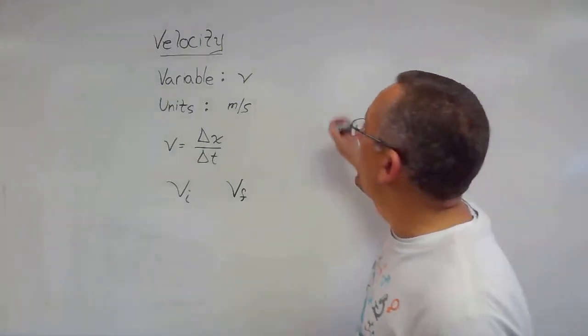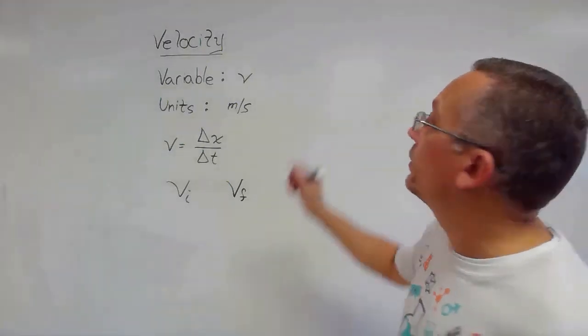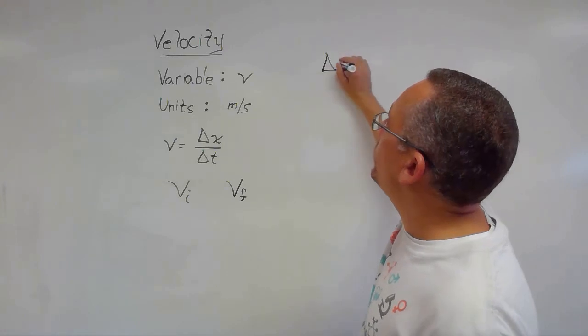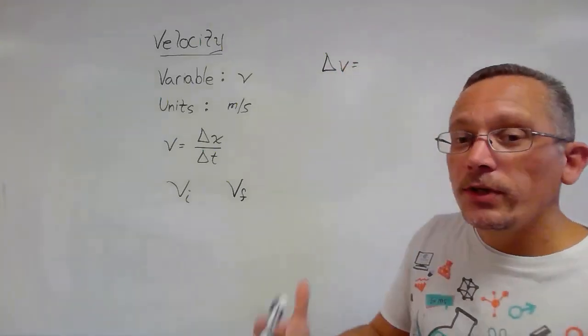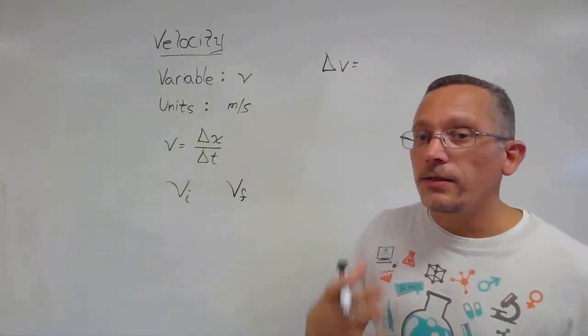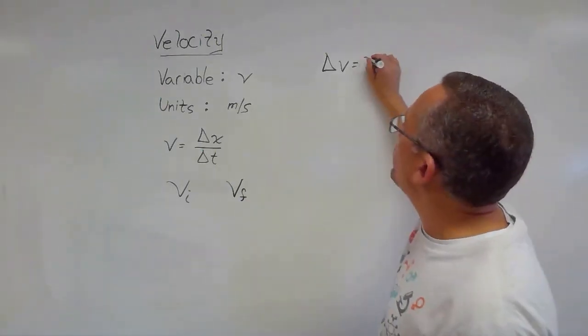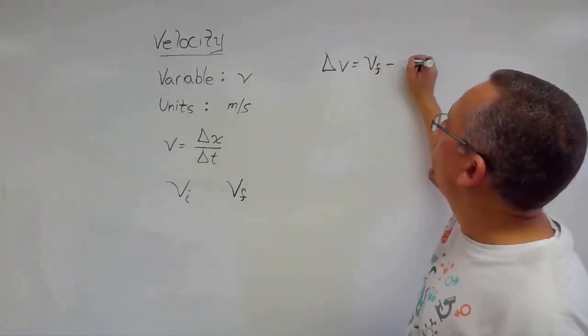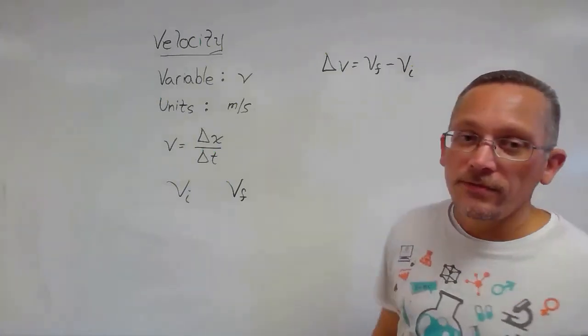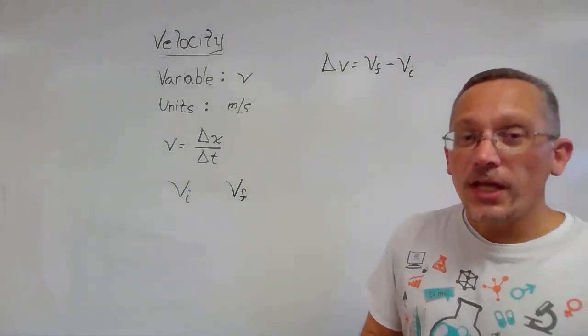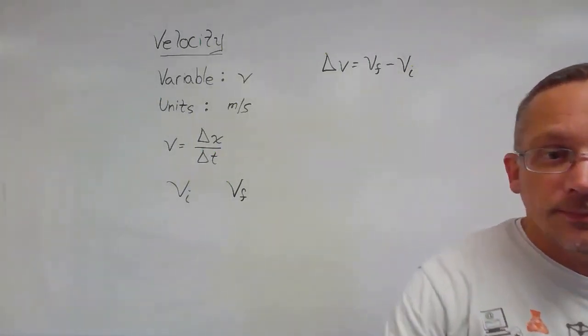The change in velocity we could call delta v. Remember, delta means change. We can find that by taking the final velocity minus the initial velocity, so that would be Vf minus Vi to find the change in velocity.